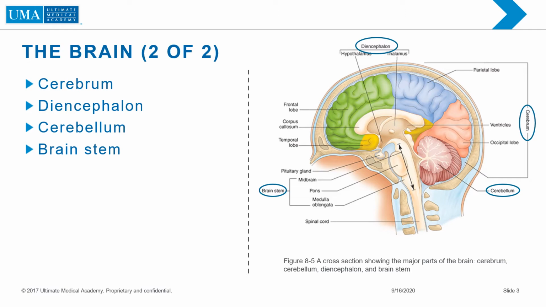The diencephalon is located between the cerebrum and the midbrain, and includes 2 major structures, the thalamus and hypothalamus. The cerebellum is located behind the pons and below the cerebrum. Finally, the brainstem. This is located at the base of the brain and is made up of 3 parts, the midbrain, the pons, and medulla oblongata.